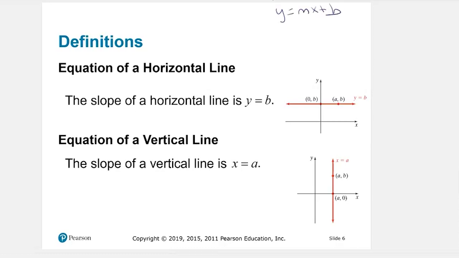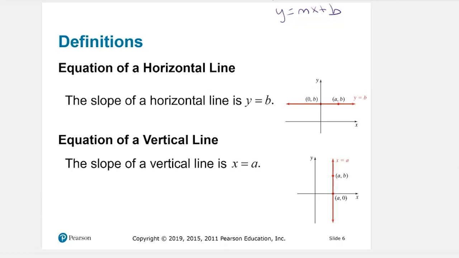I can do this for the horizontal, not so much for the vertical. So y equals mx plus b. If I want a horizontal line, which is what you see here, well, the slope is the measure of the incline of the line, right? If you have a slope, it's either going up or it's going down.